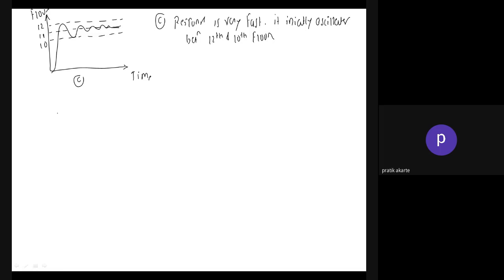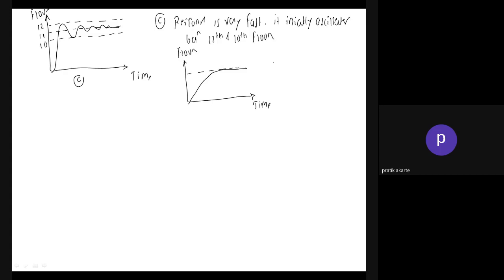And your last possible response is this one. This is time, this is floor, this is the 11th floor, and the elevator goes like this.